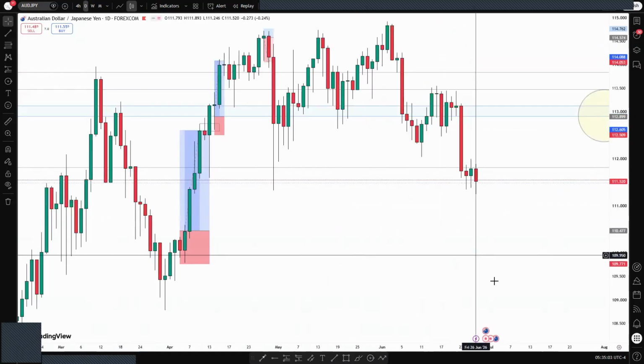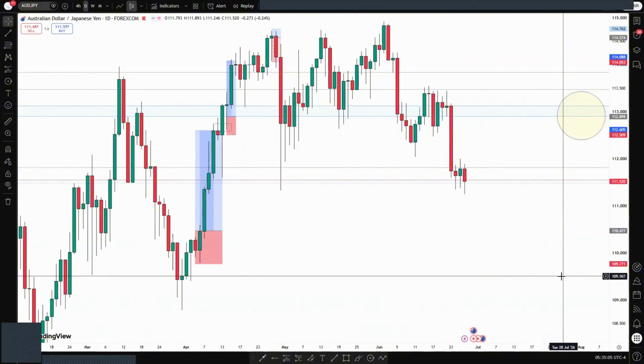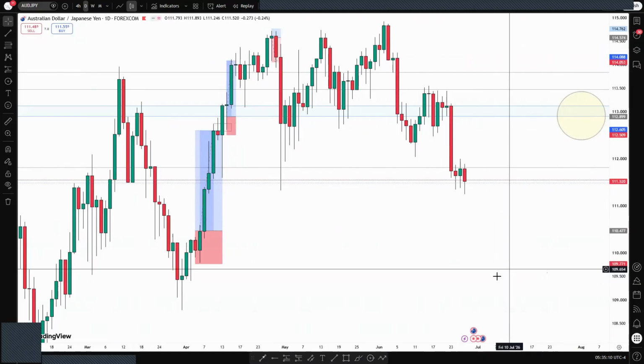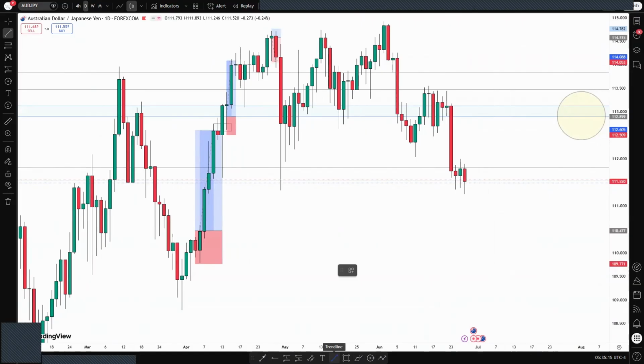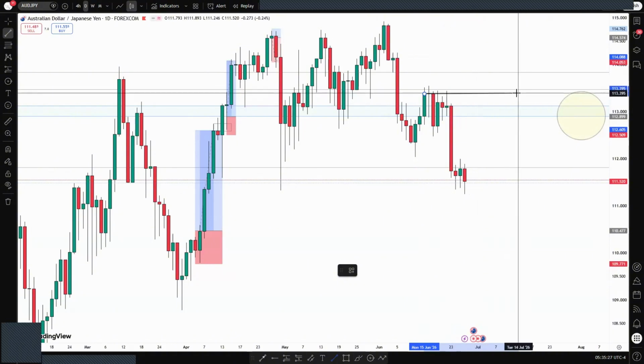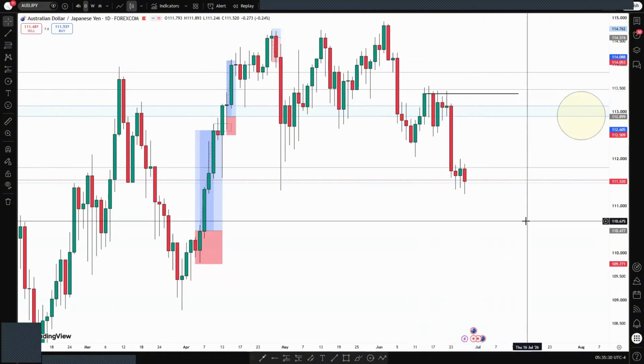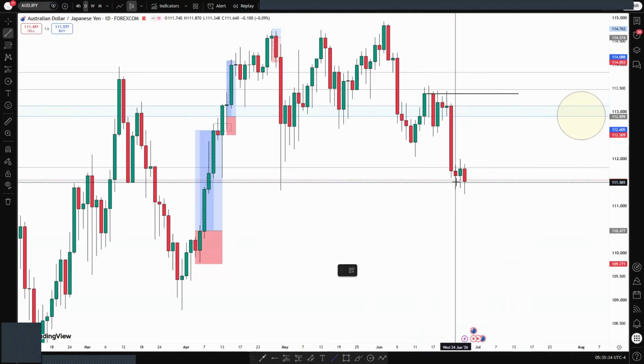So on the daily time frame, you can also see about the same thing. Price is making what? This is Monday, this was Friday. Okay, this is our weekly lower high, and this is our weekly lower low here, right?